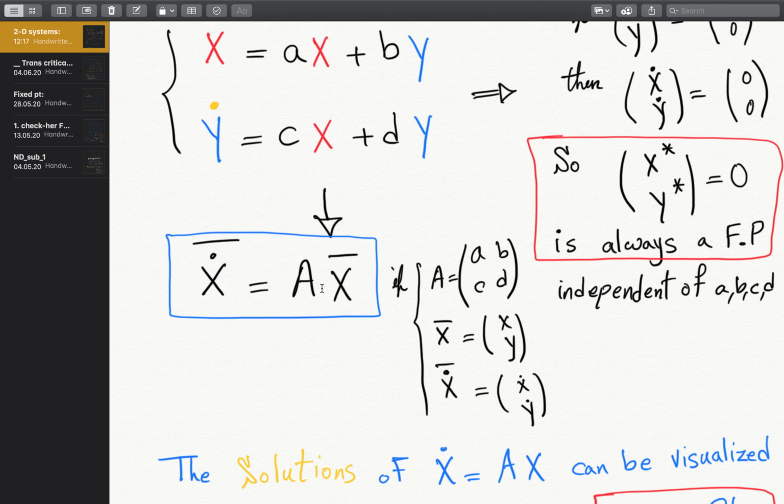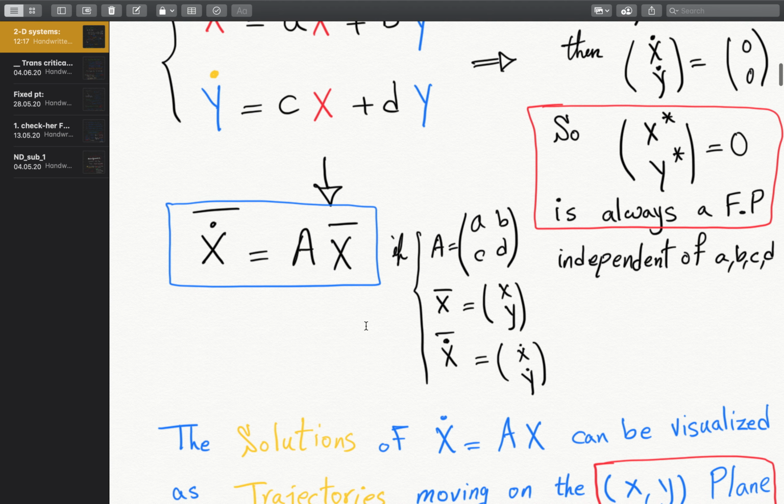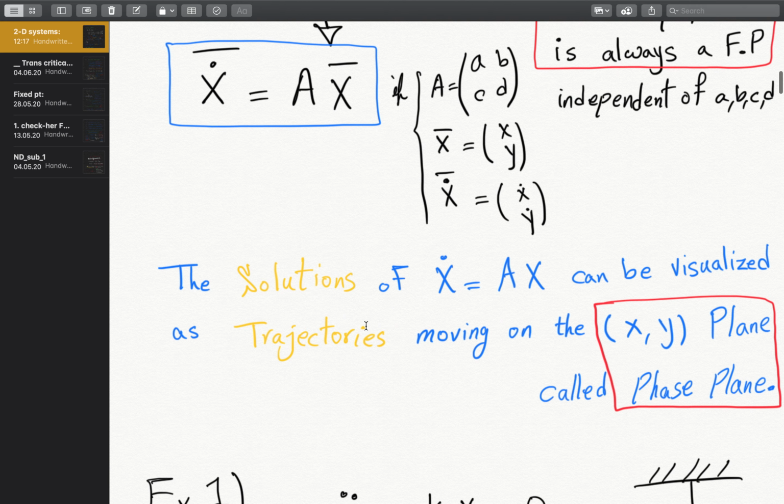These are the vectors, and this A is a matrix, which is the representation of these coefficients A, B, C, and D. The vector x is x and y, the vector x dot is x dot and y dot, and we say that x dot as a vector is equal to a matrix A times a vector named x. Just interrupt me whenever you need any concrete answer or something.